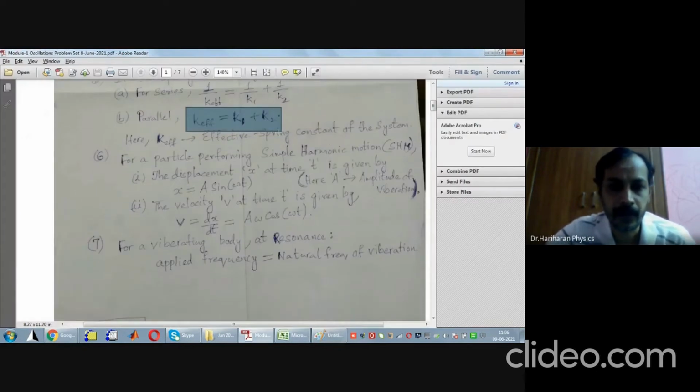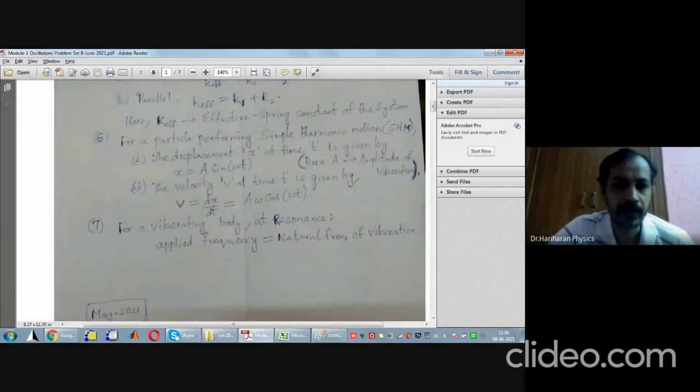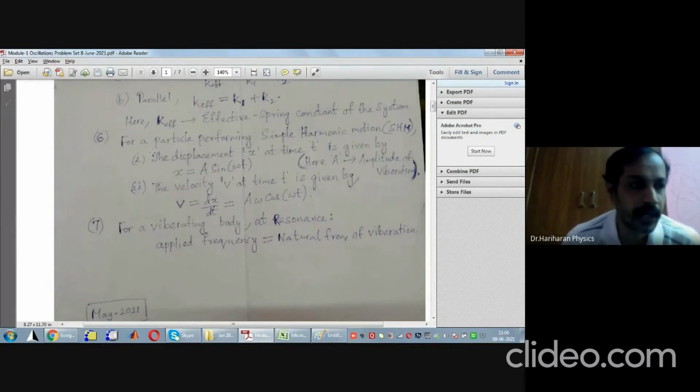Next, look here. If a particle is executing simple harmonic motion, then the displacement of the particle x at any instant of time t, I already told. I also showed a video that the displacement of a particle executing simple harmonic motion can always be represented by a sinusoidal signal.